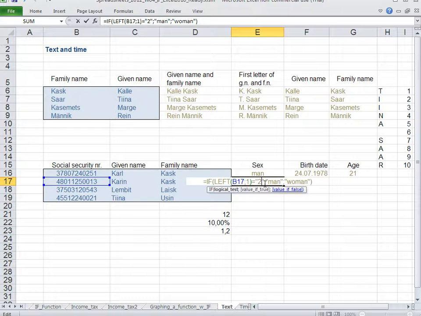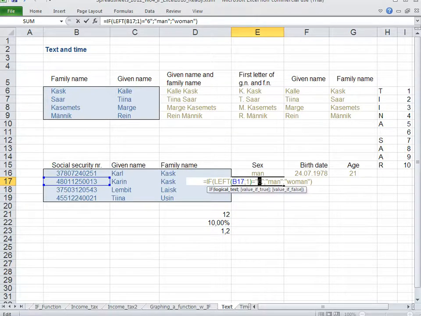So 1 and 2 are in the past, but such social security numbers could come up in some databases anyway. So 3 was a man in the 20th century, 4 was a woman in the 20th century, and naturally there are also 5, which is a man from the 21st century, and 6, which is a woman from the 21st century. So these 6 numbers can actually exist.